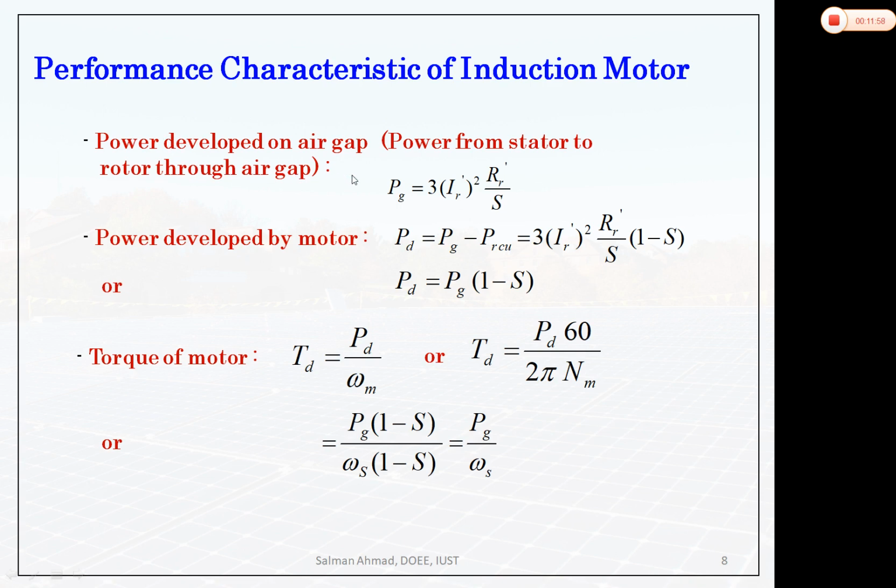Now power developed across the air gap, that is power from stator to rotor through the air gap. So 3 times Ir prime squared times Rr prime upon s. So this is the air gap power. Now power developed by motor is air gap power minus rotor copper loss.